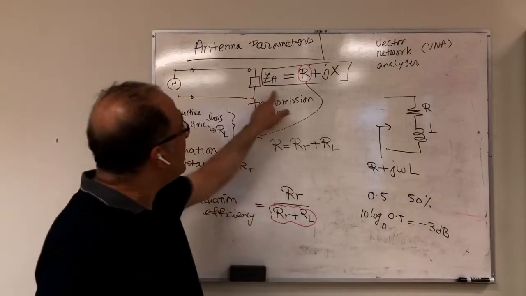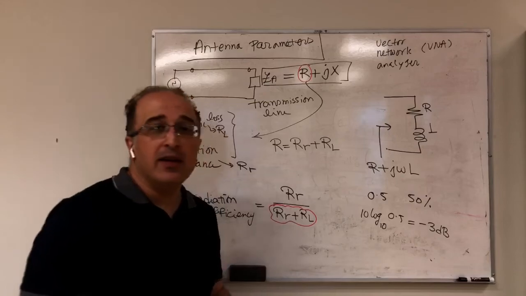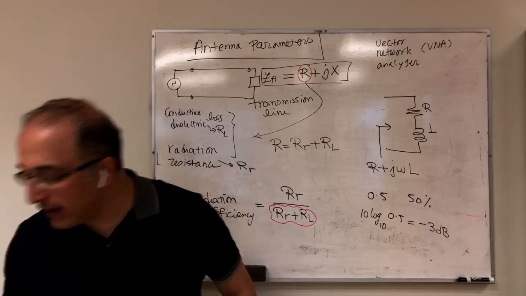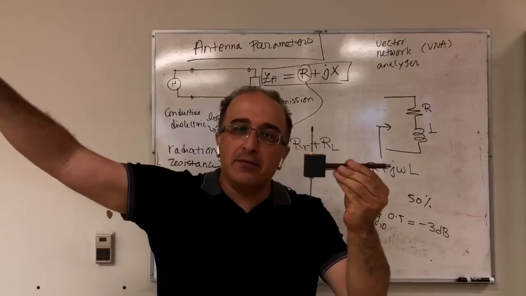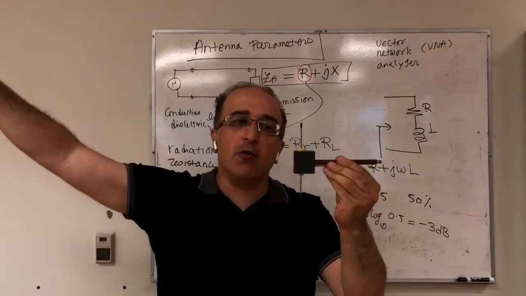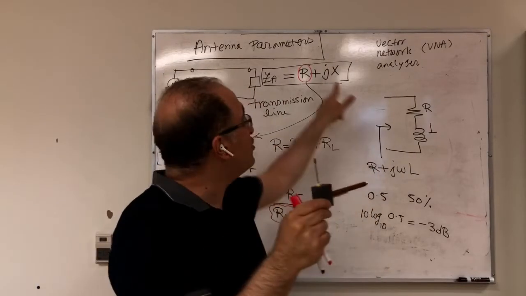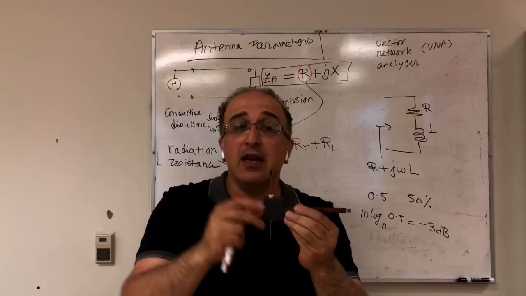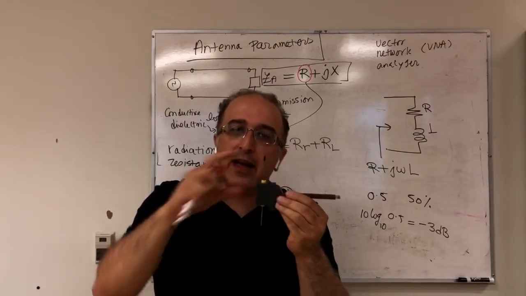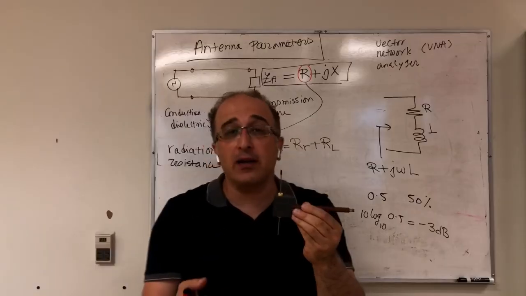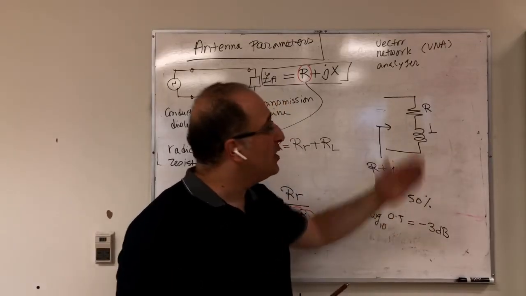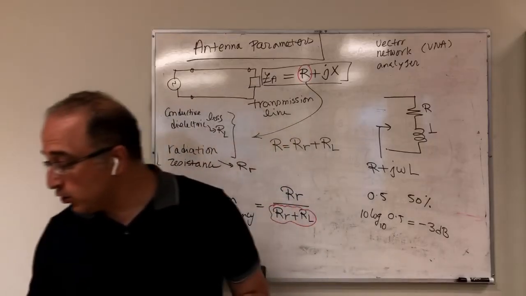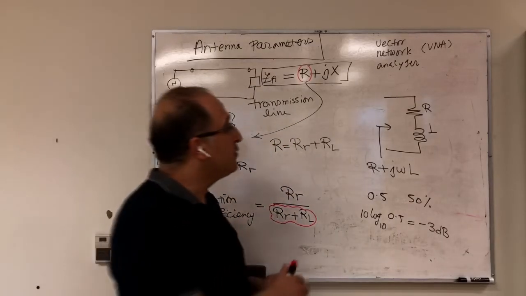So if the antenna has the J part, that means if this is my antenna, some of the energy is going to go away, radiating away. But if I have JX for the input impedance, that means I'm storing energy around the antenna as well. So you're also storing the energy similar to an inductor. Or you might change it with, for example, a capacitor.